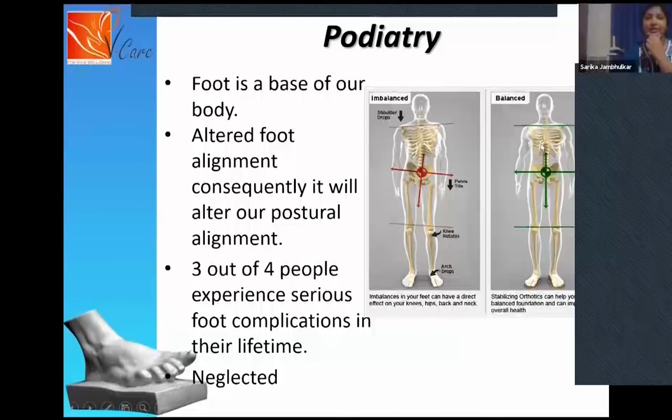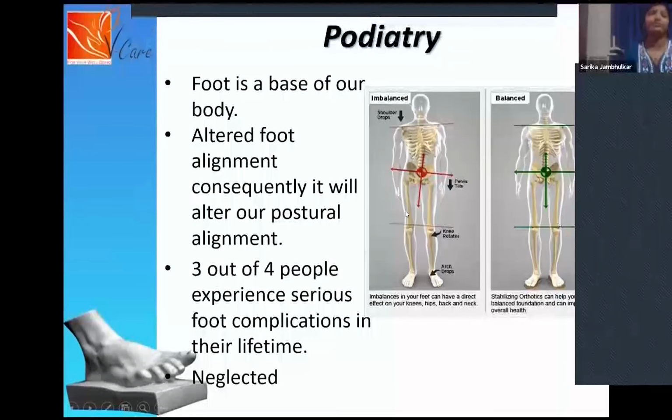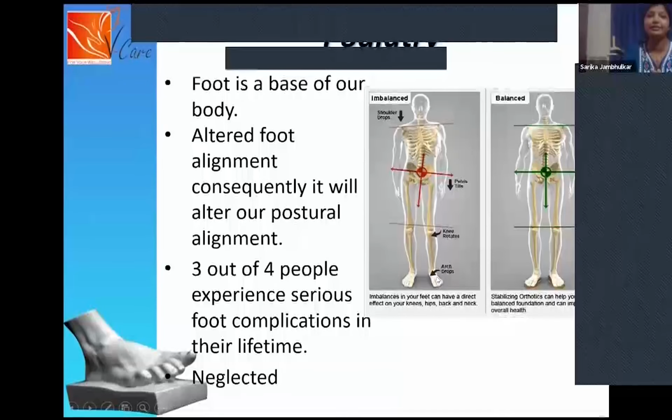So this is the right posture. You see our pelvis is at the same level, our shoulder level is the same, and the knees are equal. Everything is perfect. Now, suppose because of any reason one side arch is collapsed, which results in pronation.